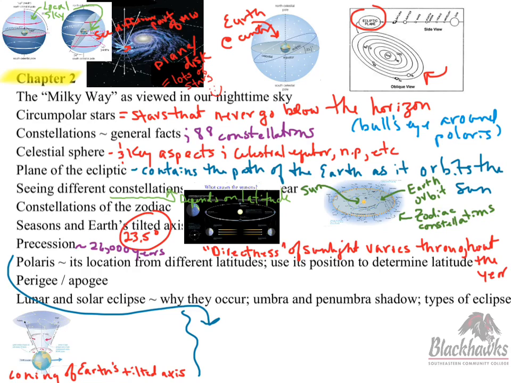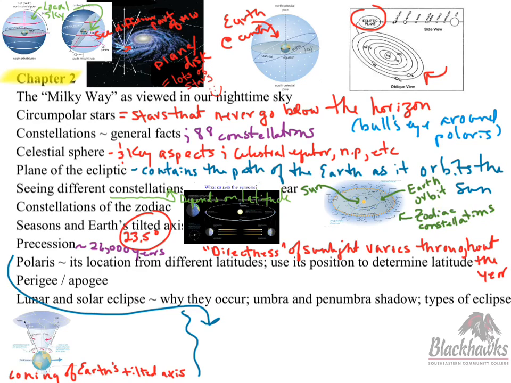But Vega used to be our North Star. Okay, but it's such a subtle thing, we're not going to tell it. I kind of smile because if you remember, in the southern hemisphere they don't have a pole star. So one of my thoughts is that during this coning, maybe they get a pole star and we don't.